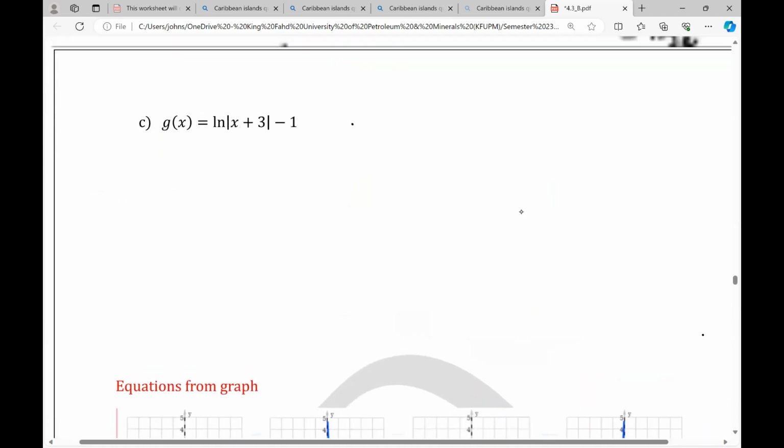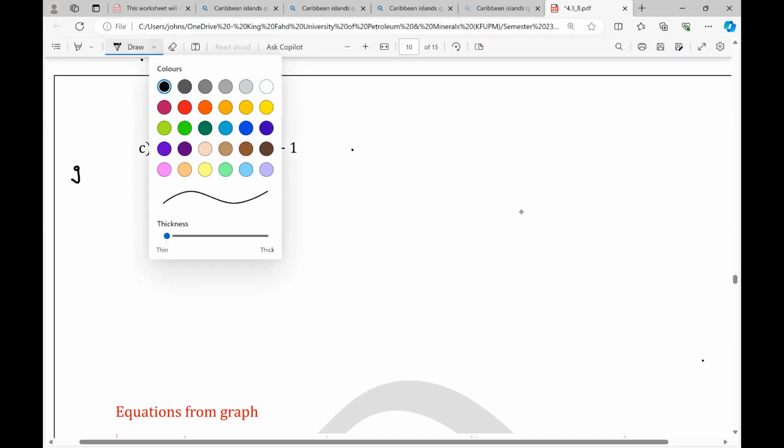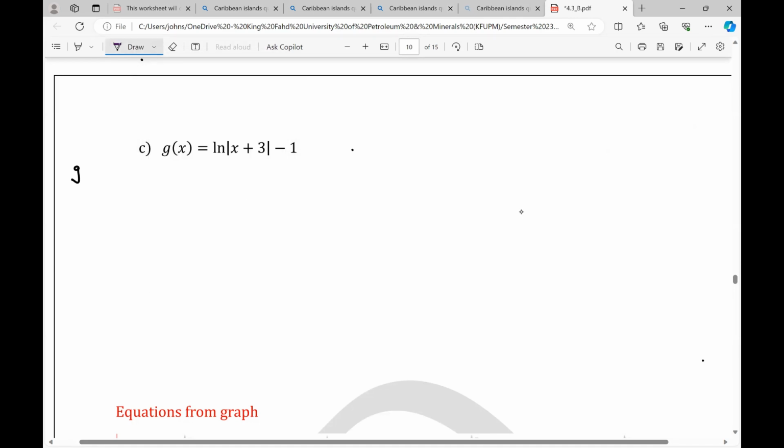For this one, you can see that the absolute value is not on everything, it's only on one term. So another way we can rewrite this is as g of x. You can write it as g of x equals log to base e of the absolute value of x plus 3, minus 1.